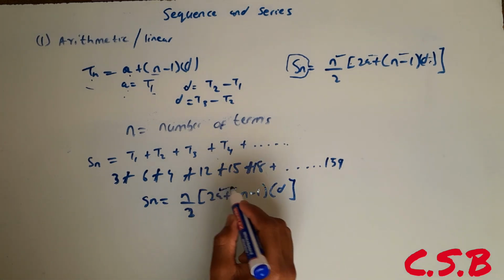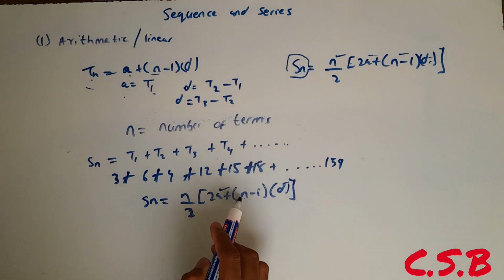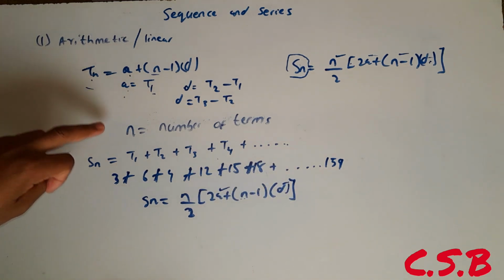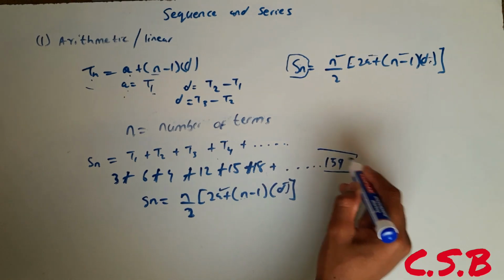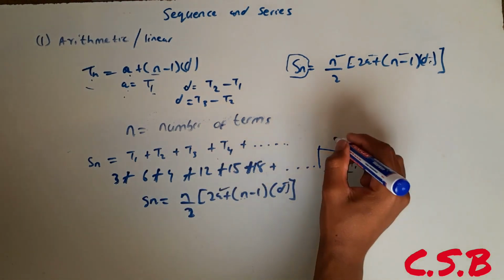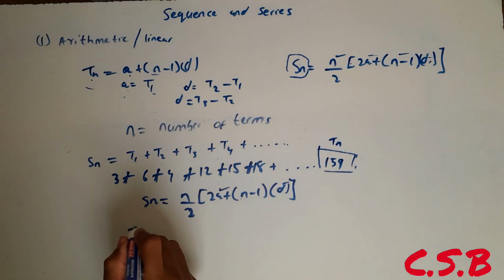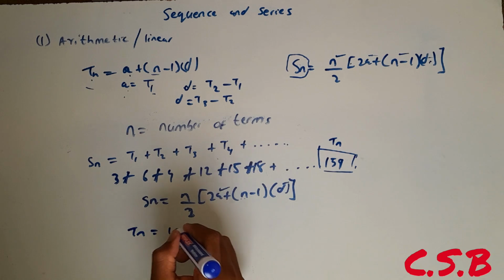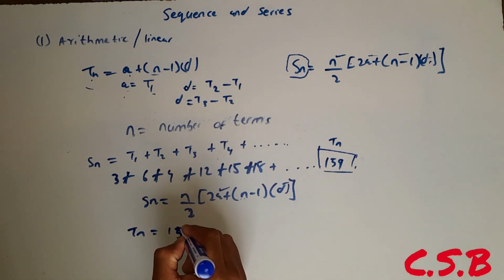We have a and d, but we don't have n. So I told you how to find the number of terms. Finding the number of terms, we will use the last term of the sequence, which is the same as Tn. So firstly, we'll start by finding Tn, which is 159.